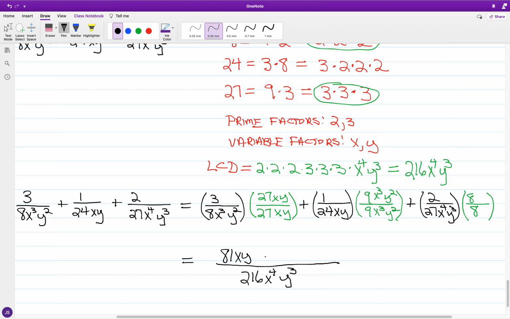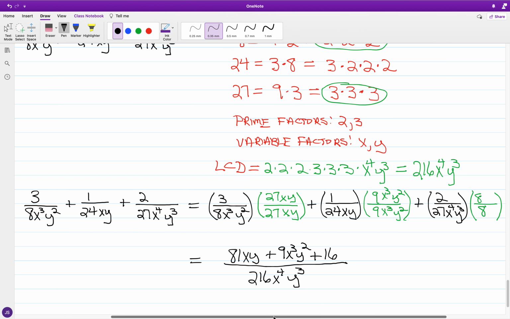Then for the next, I have plus 9x cubed, y to the second. And you have plus 2 times 8, which is going to be 16. So the sum of these three ratios, written in terms of the least common denominator, is going to end up as the sum.